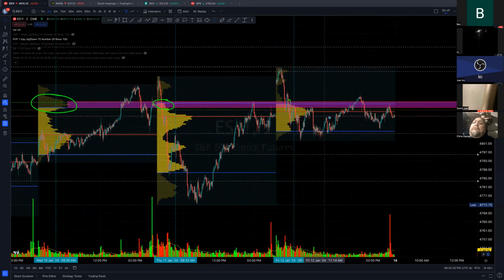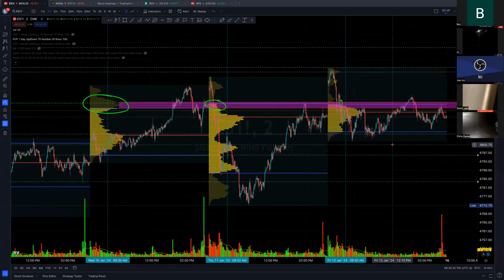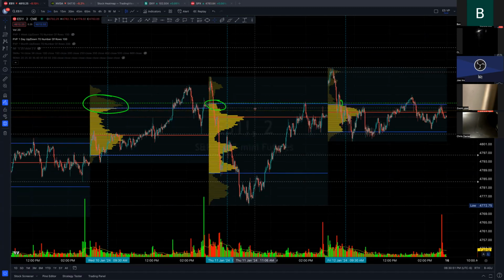I took a short on this one over here, I believe. After I closed my positions on shorts here, I took a short on this one over here and it got paid like 150% on some 0 DTEs. And it was just because I noticed that the initial balance on this session closed within previous sessions as well, previous profile sessions.